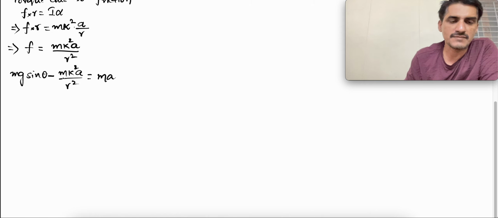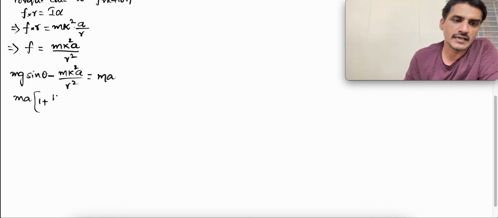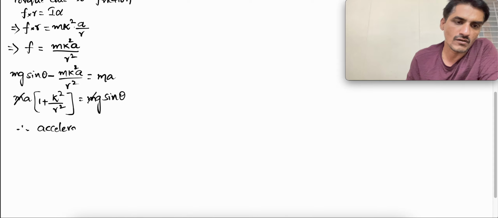Now send this minus m k square a by r square to the right side, it becomes plus. Taking m a as common, m a into 1 plus k square by r square is equal to mg sin theta. Here mass gets cancelled. Therefore, I need to find the acceleration of the rolling object.